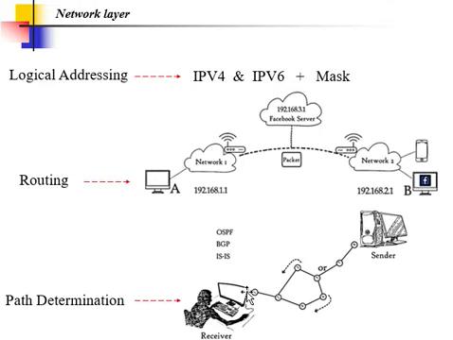The second protocol is the Border Gateway Protocol, referred to as BGP. The third one is IS-IS, the Intermediate System protocol.